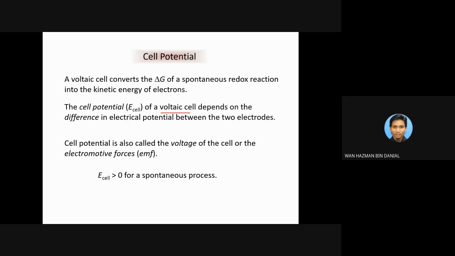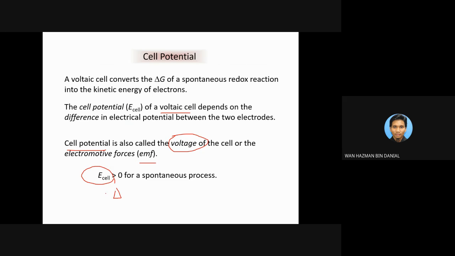So the cell potential also called the voltage of the cell or the electric force. Okay, so ada kita panggil EMF ataupun kita panggil cell potential ataupun kita panggil voltage. Semua it is equivalent or represent the same meaning. So kalau E cell is more than 0, so maknanya dia adalah a spontaneous reaction. Dia terbalik dengan delta G tadi kan.